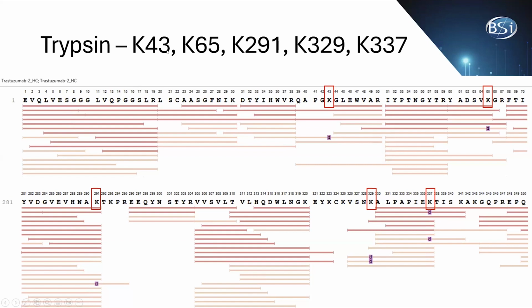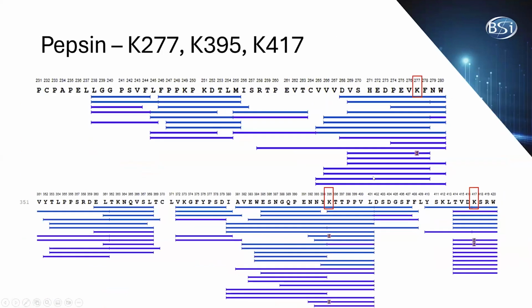sequences, and we identified these 5 different lysine sites conjugated with DM1. And this is why it's important to use multiple different enzymes when doing bottom up. It's because with pepsin, we identified 3 additional sites of conjugation at K277, 395, and 417.